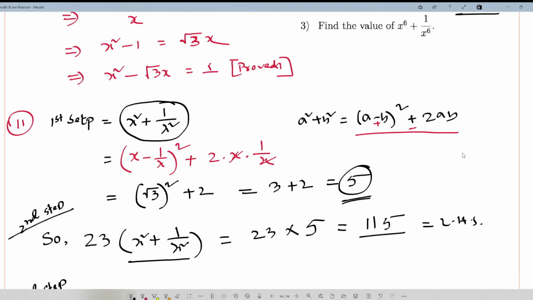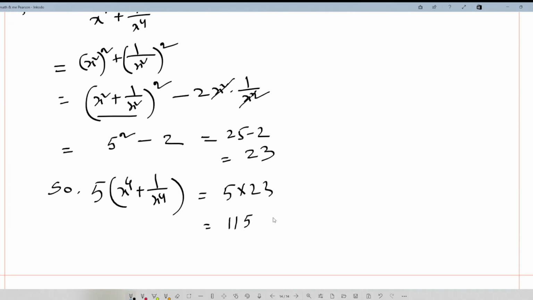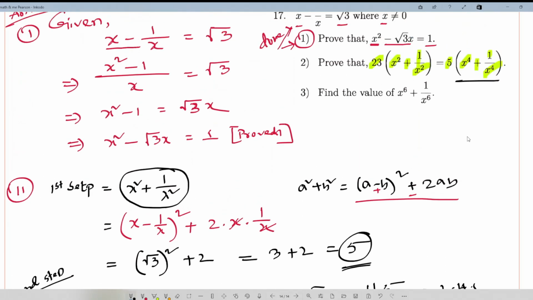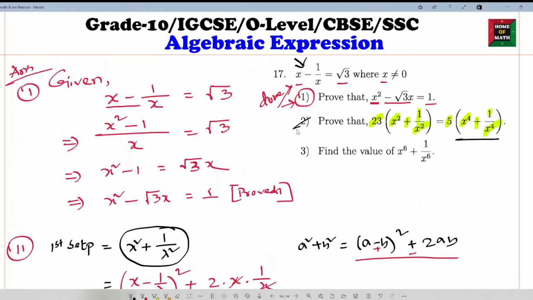So same thing we get. So this one is the right side. So left side equals right side. Proved. Okay, done. So number 2 is done.